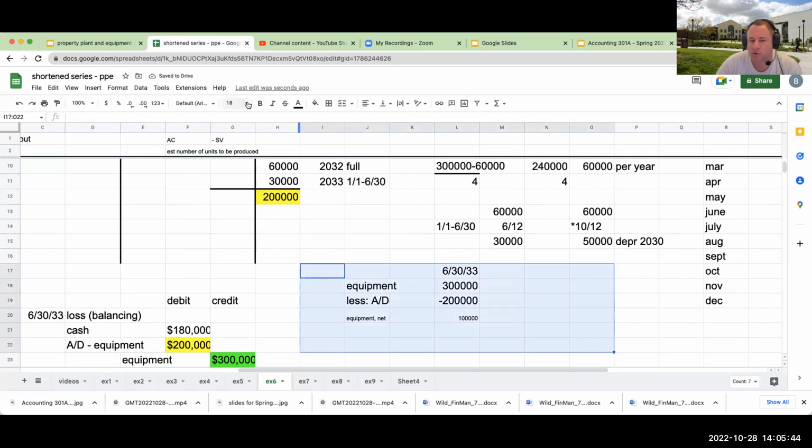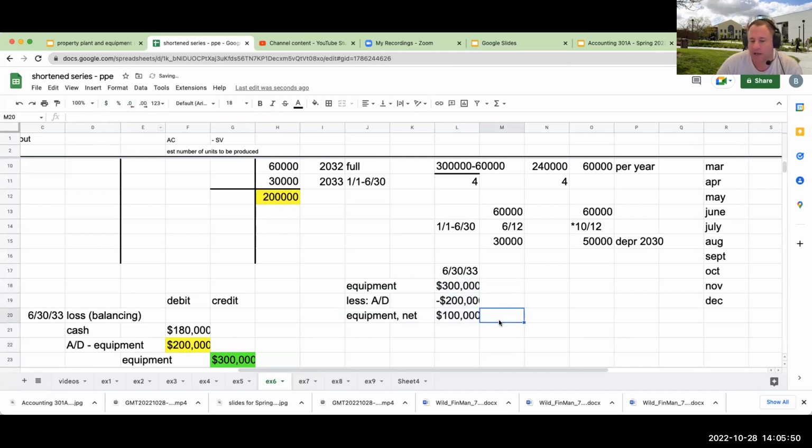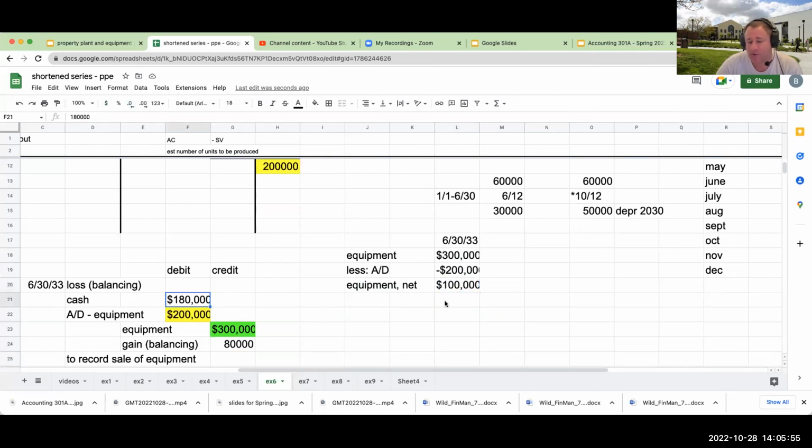That's what it was on that particular day. Now over here, to me it's worth 100. Someone just paid me 180,000. So I made money, right? So when you see most textbooks talk about this, they're going to talk about net book value, and that's really what that is.